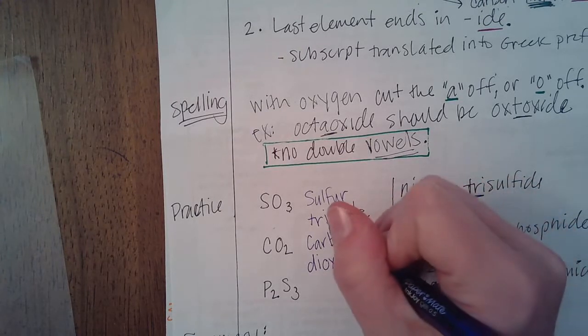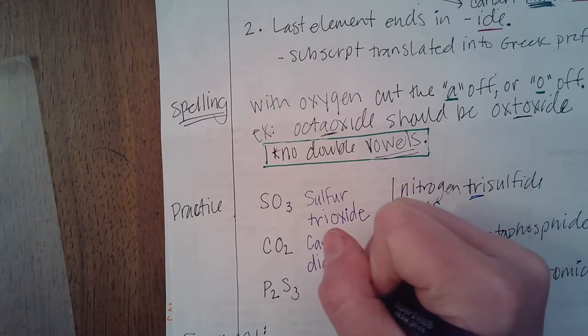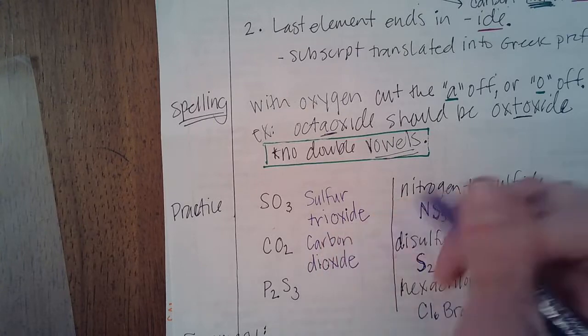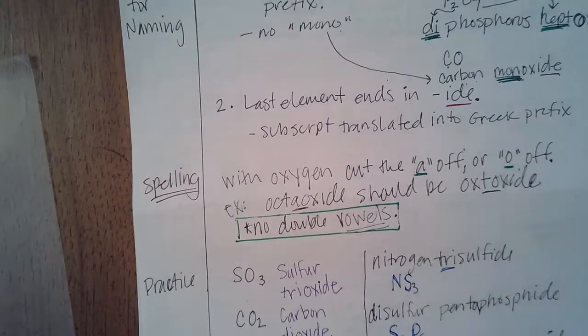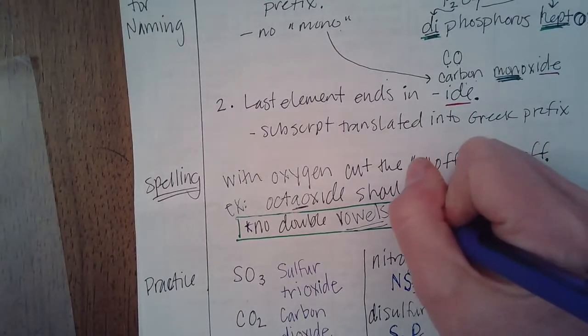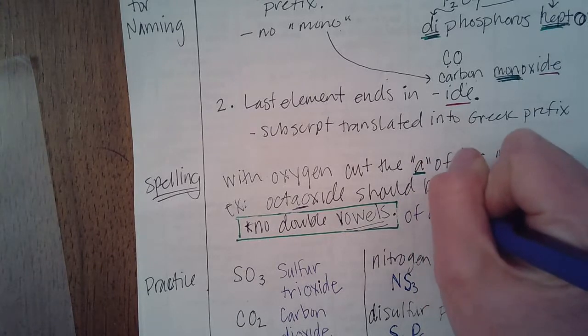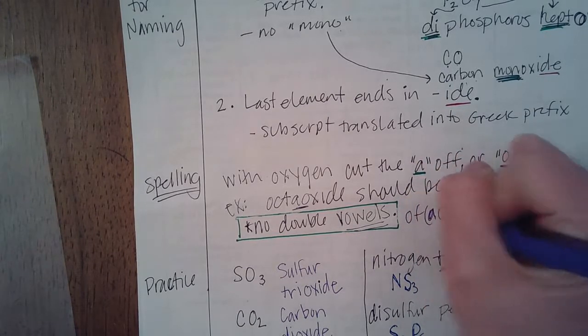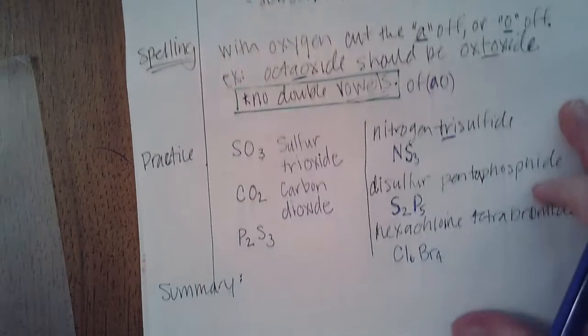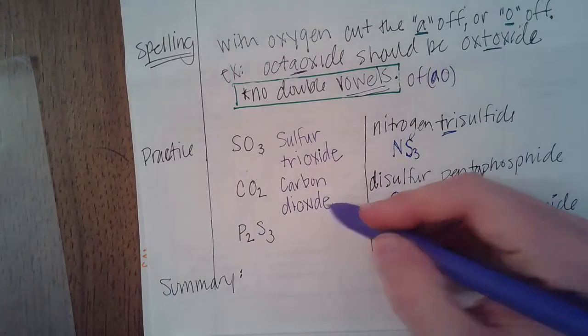And you can have the I and the O next to each other. I set up here no double vowels. I should really mean A and O. Let's do that because these are acceptable.